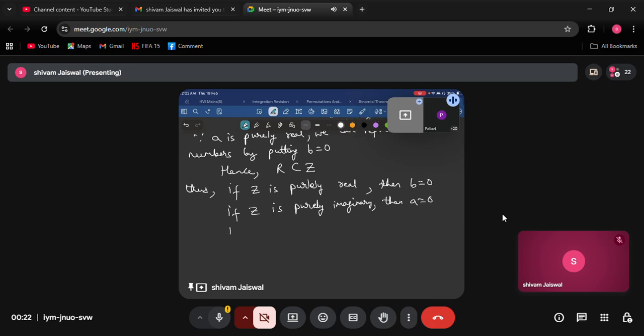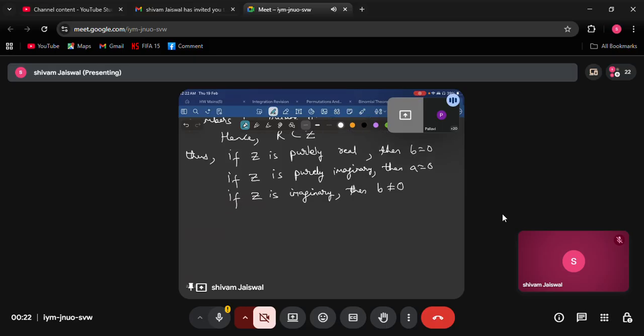And if it is written that z is just imaginary, then we'll say b is not equal to 0. So remember, these are some terms that will be used when you solve problems.